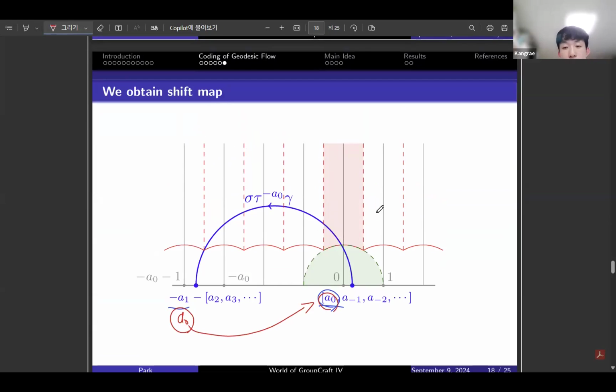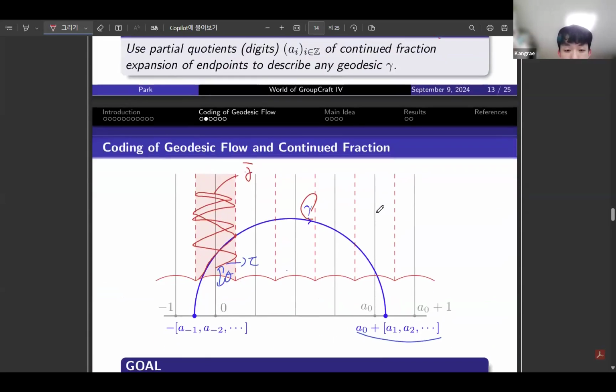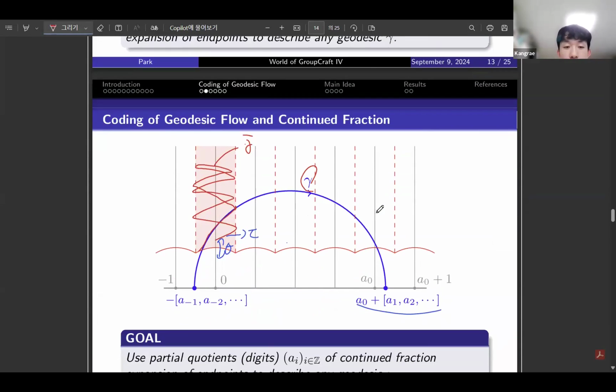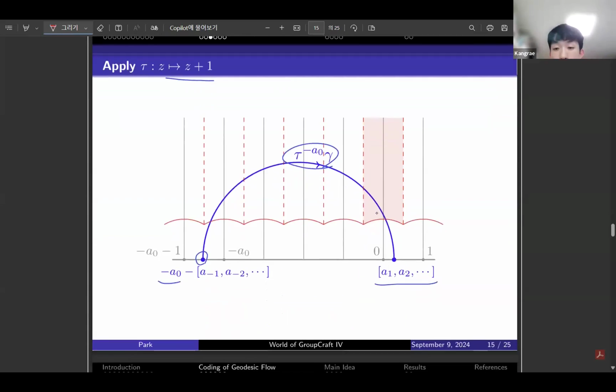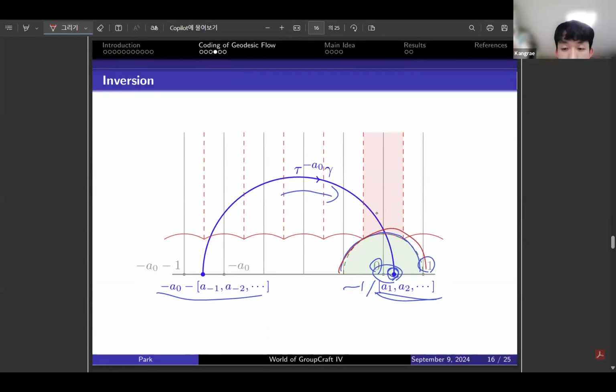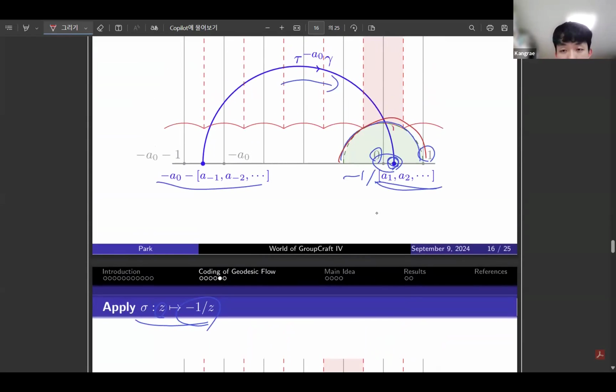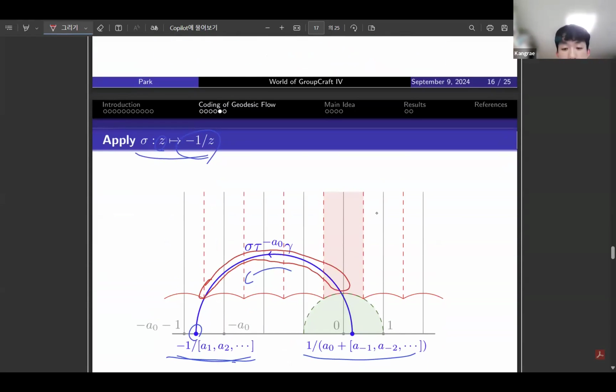And what's more is that when you go here, this picture represents the zeroth excursion with respect to this boundary. So this picture represents this line. And when you take inversion here, this part represents this part, which would be another excursion with respect to this boundary.